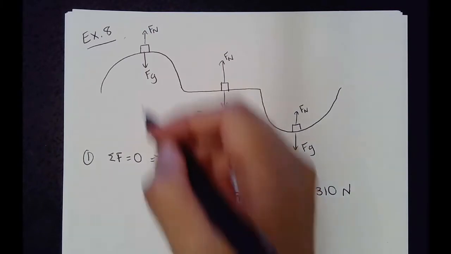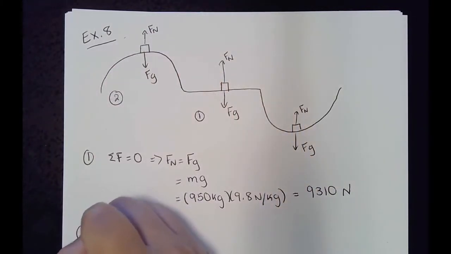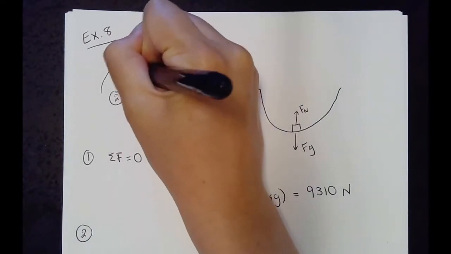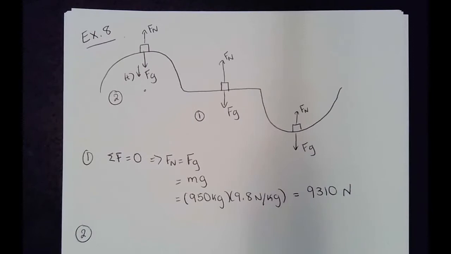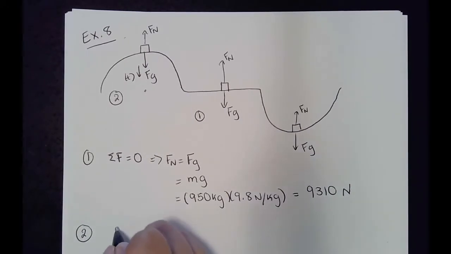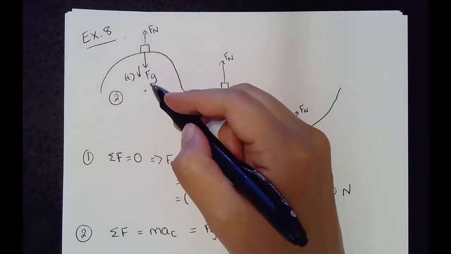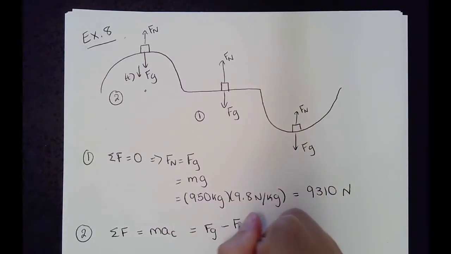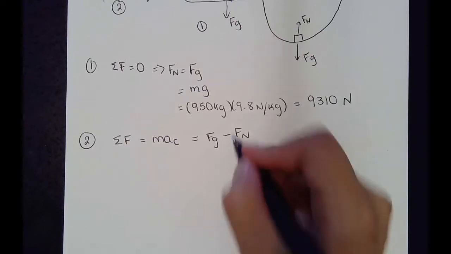Okay, now if we look at the top of the hill, let's call that part 2. The direction of positive motion is towards the center of the circle, which is down in this case. So our net force in that radial direction is equal to mac, which is going to be Fg, which is in the positive direction now, minus Fn. And then we're solving for the normal force.